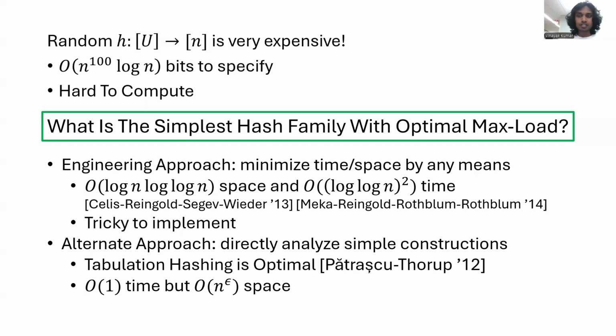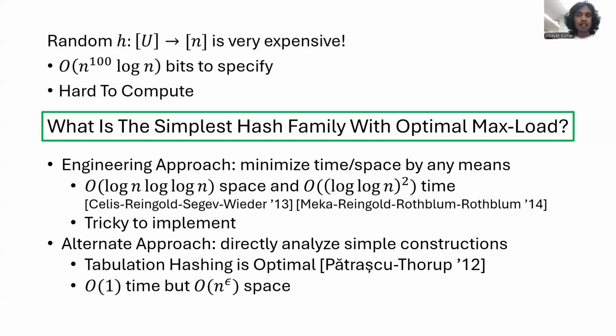So this will take just constant evaluation time because there's a constant number of blocks. But then encoding each hash table will require n to the epsilon space, which is not so ideal. But in terms of practicality, it turns out you can make this fit into the fast cache.